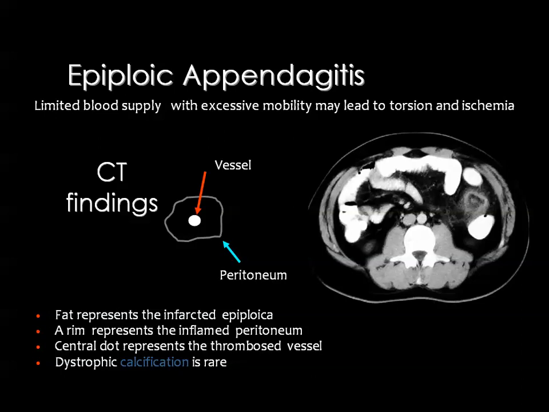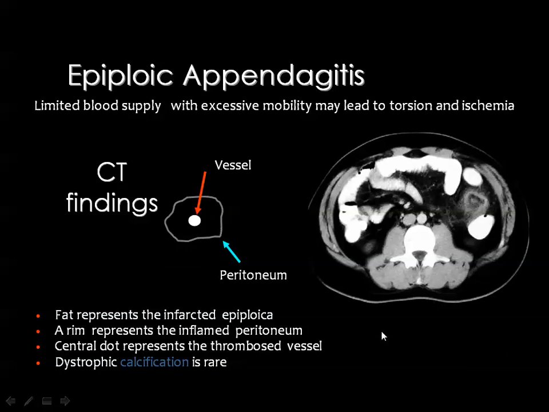You remember, because they are freely mobile, many times there is torsion, and this torsion will compromise the blood supply, resulting in acute inflammation.